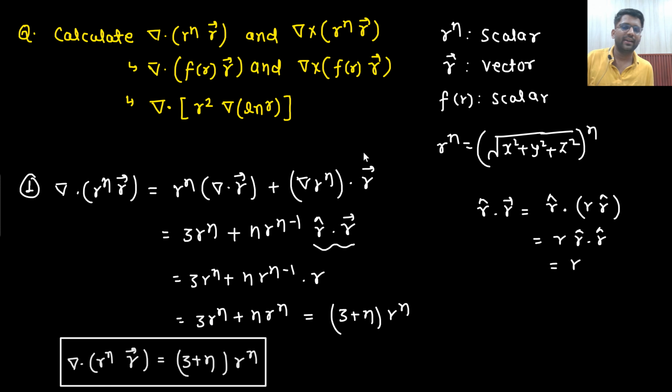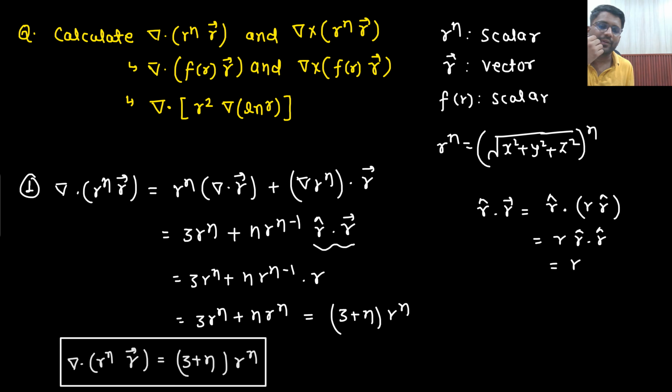Understandable? Next one, del cross r^n r vector. I hope no error is there. Del cross r to the power n r vector.